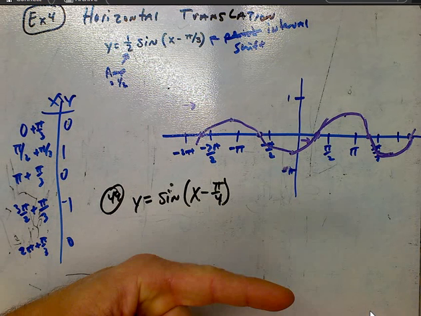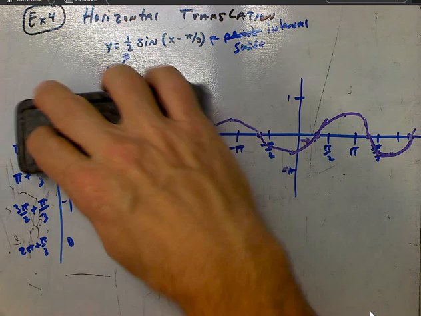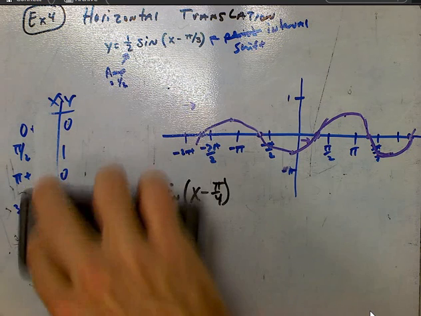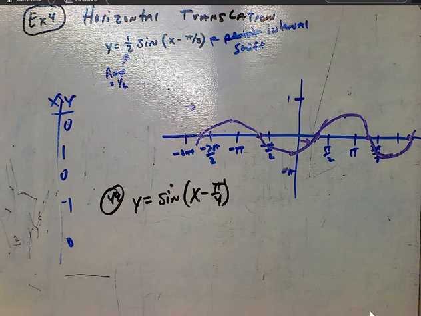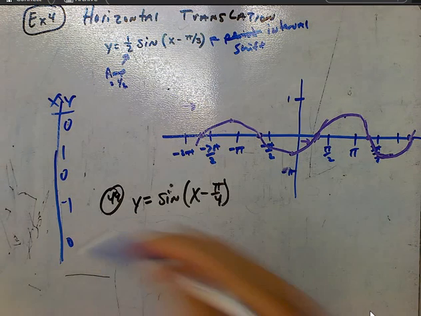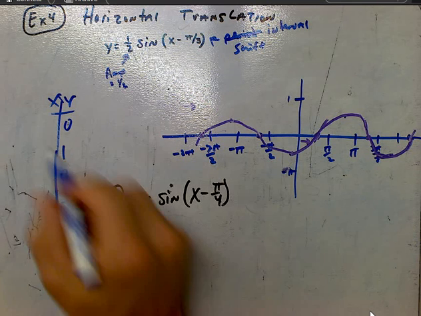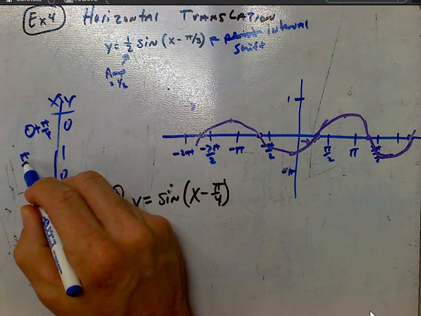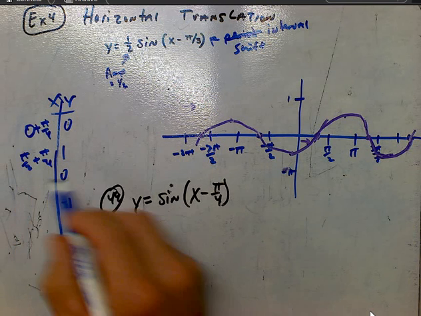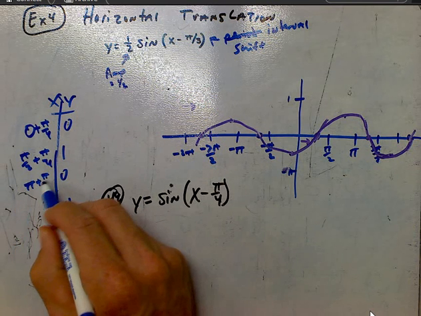So instead of adding pi over 3 like we did on the previous problem, I'm now going to take my original points and add pi over 4. So it's going to be 0 plus pi over 4, pi over 2 plus pi over 4, pi plus pi over 4, so on and so forth.